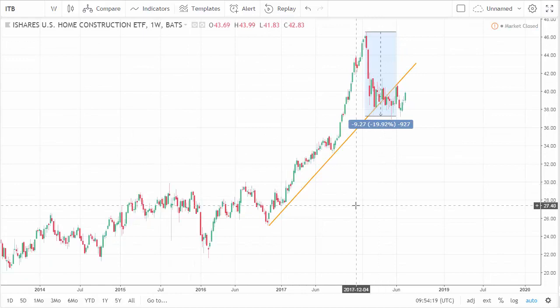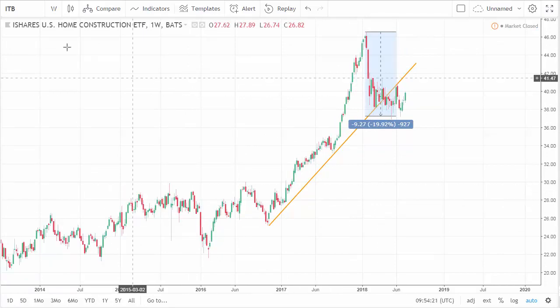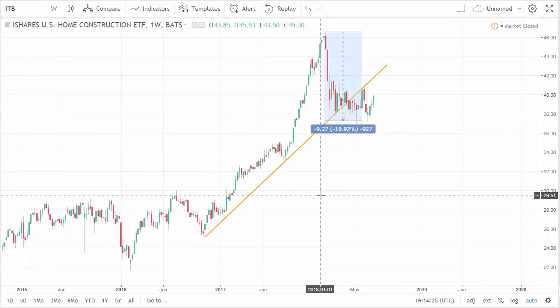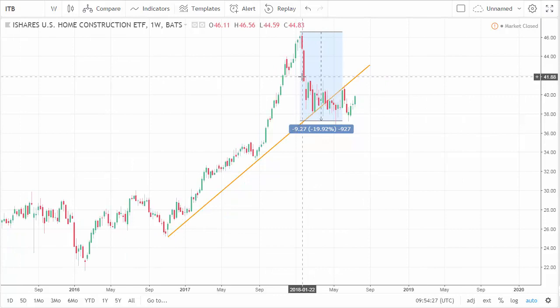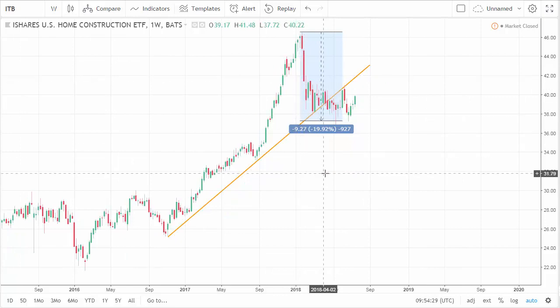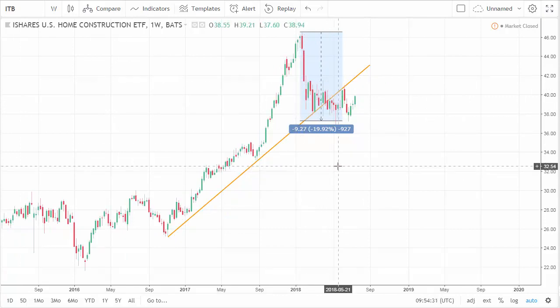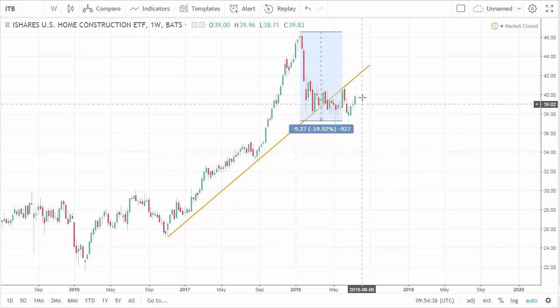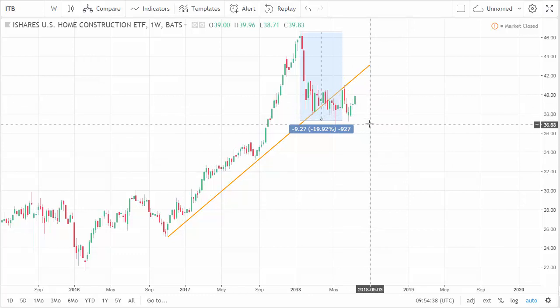ITB, the real estate, home builders, this is the home construction ETF. The symbol is ITB. It has moved lower from the peak back in January 2018, roughly 20%. Now, because of the positive sentiment, it is correcting higher, but keep in mind we have moved 20% lower from the top.